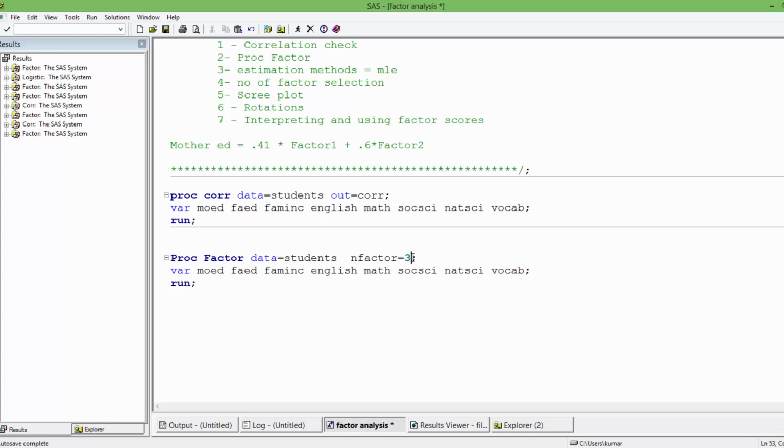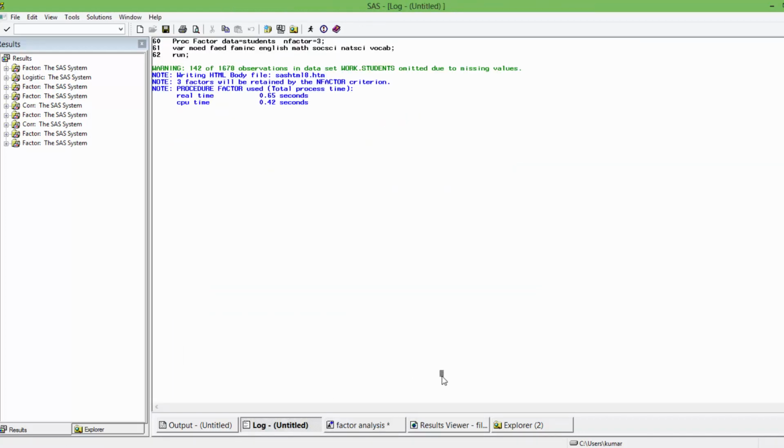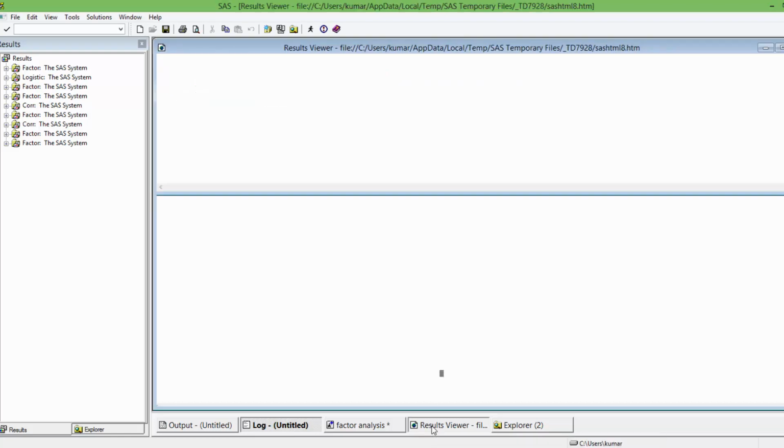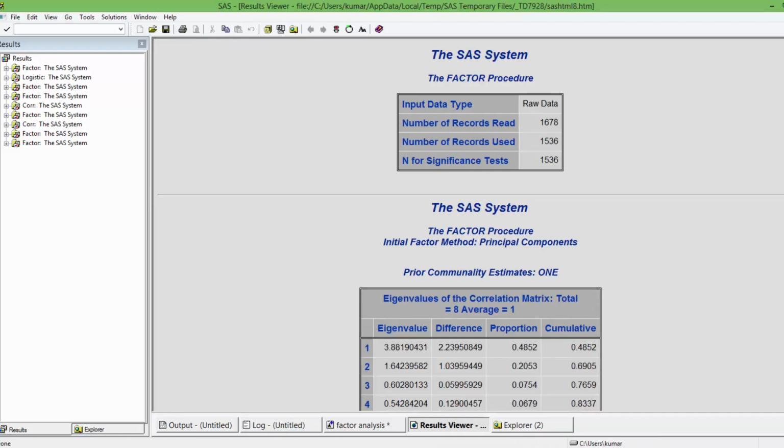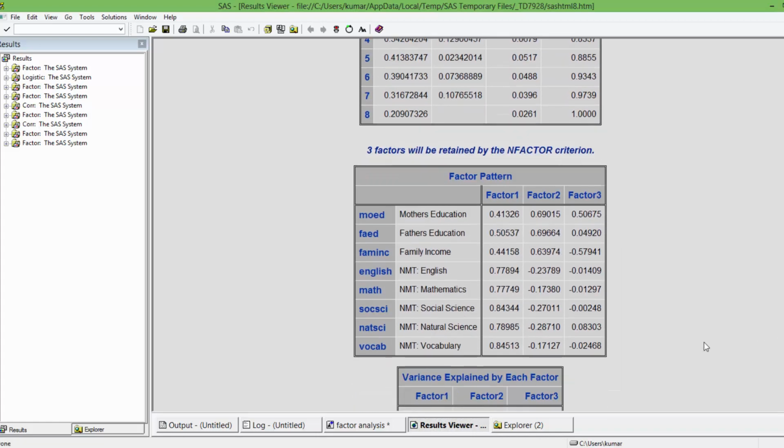Okay, let me give 3. Let me see what happens if I ask SAS to give me 3 factors instead of just 2. Let me see the factor patterns. You can see in the output there are 3 factors.